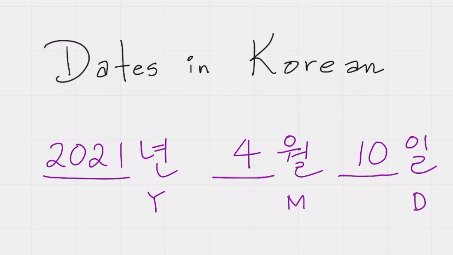So 2 would be 2,000, right? So 2000, and then 21. 2021년. And then the month 4월, and the day 10일. Okay.